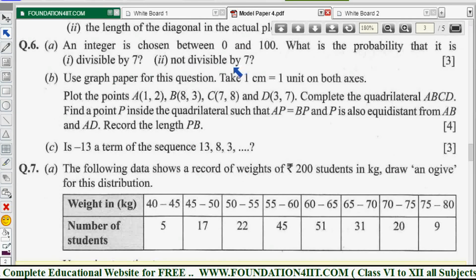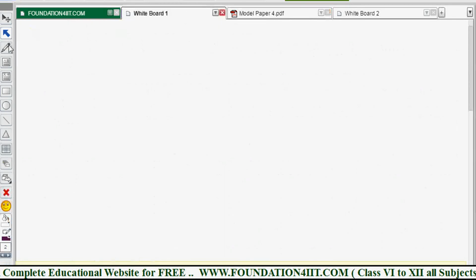If you find divisible by 7, it's easy to find not divisible by 7. So let's take the numbers divisible by 7 between 0 and 100 first. According to this question, the numbers between 0 and 100 total 99.